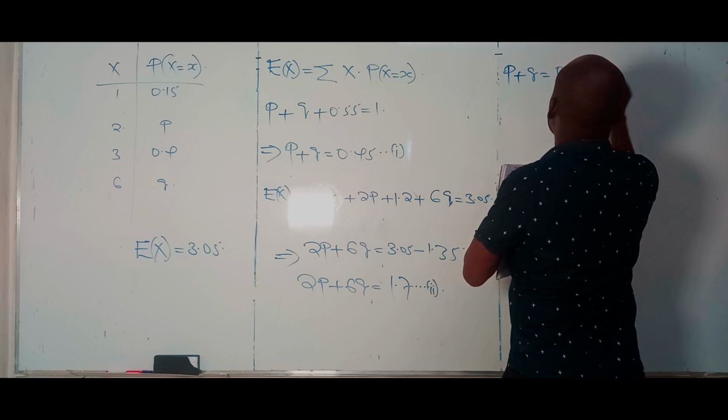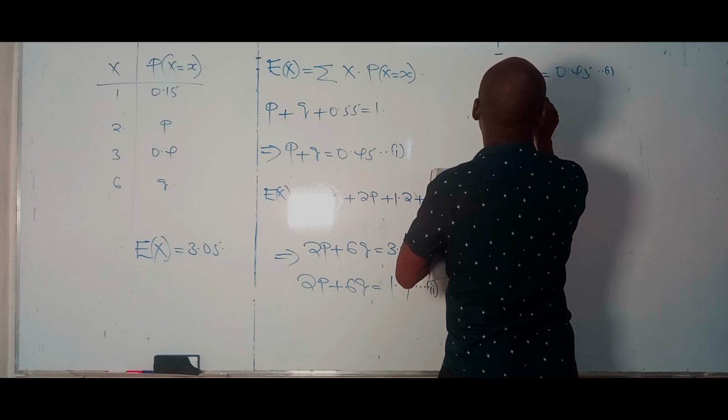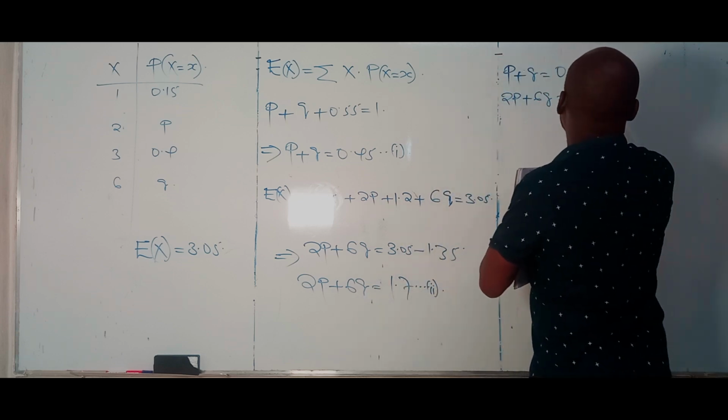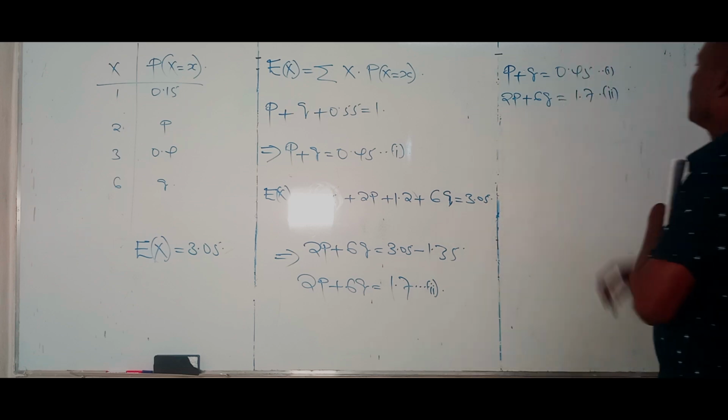That's my first equation. My second equation is 2p plus 6q is equal to 1.7. So that's the second equation.